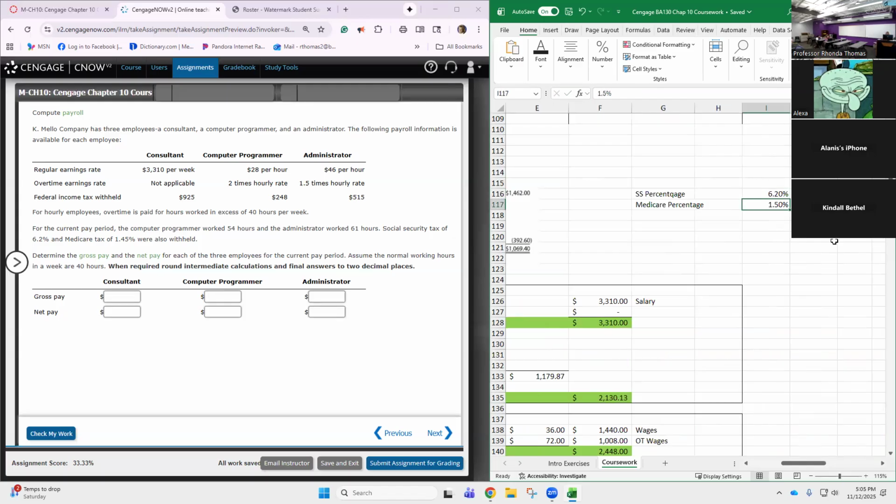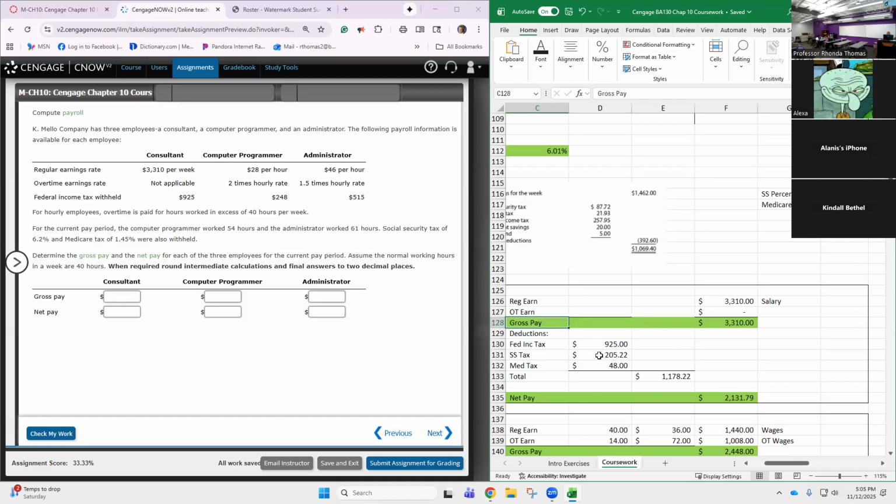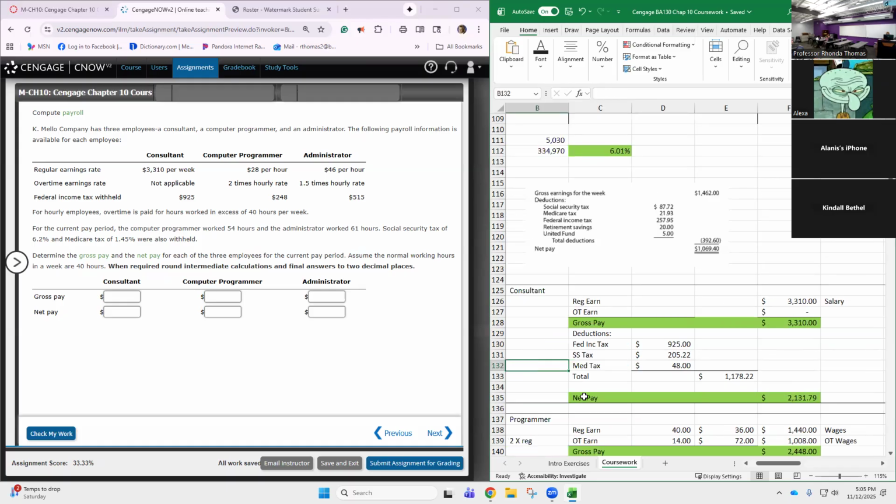So our Social Security is calculated at 6.2% of our gross pay. Our Medicare is calculated at 1.45% of our gross. So you can't subtract anything before you find out what your Social Security amount is coming out of your paycheck. So this Social Security amount is 6.2% of your gross. Your Medicare amount should be 1.45% of the gross.